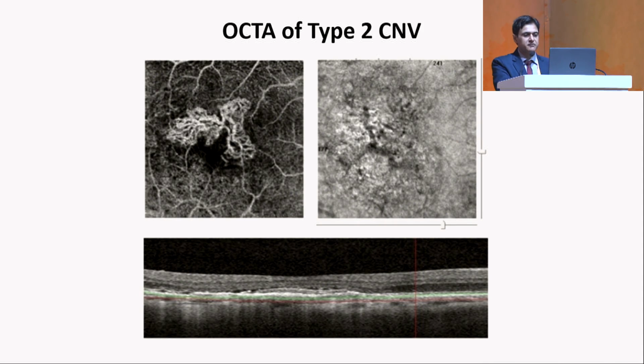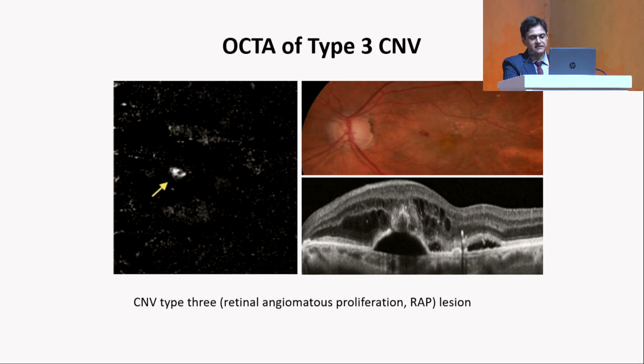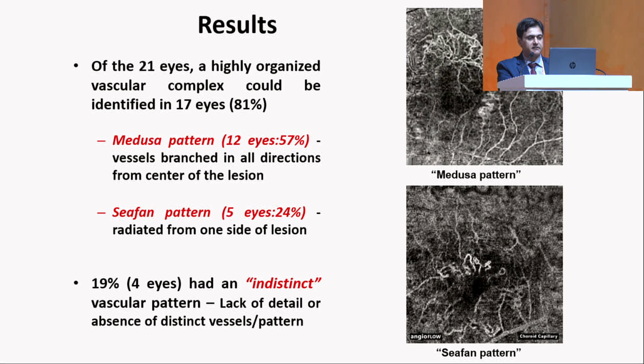Here are a few pictures of a type 2 CNVM on OCTA, where you can see the well-defined vascular network. This is a RAP lesion or a type 3 CNVM, which can be seen in the intraretinal space. The main pattern I saw was a central trunk radiating in all directions, a medusa pattern, which we saw in about 57% of the patients, that is 12 eyes, and a C-fan pattern in 5 eyes, in which the vessels radiate on one side of the lesion.